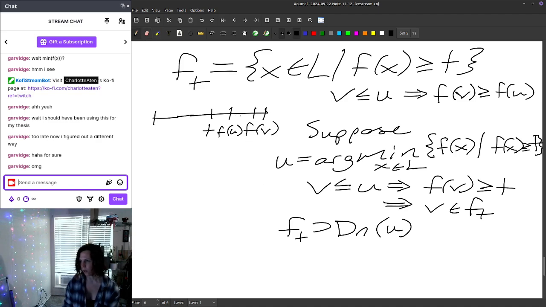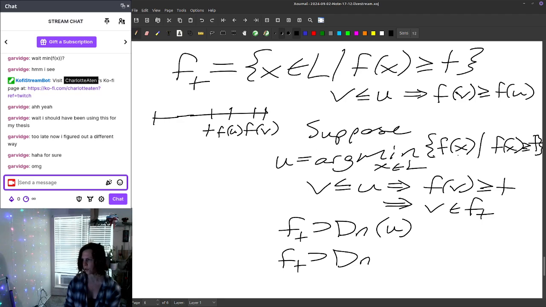So all that we know for sure is that this f sub t contains the downset of u, and actually it has to contain the downset determined by, if you think about it, the exact same kind of argument, just assuming that f of u is bigger than t.